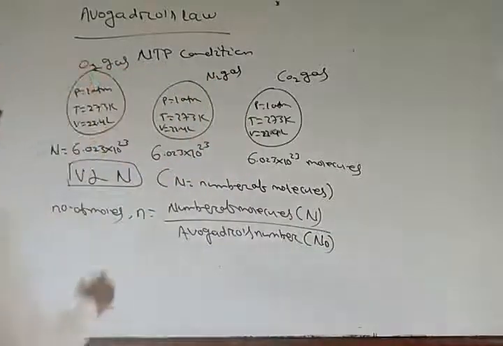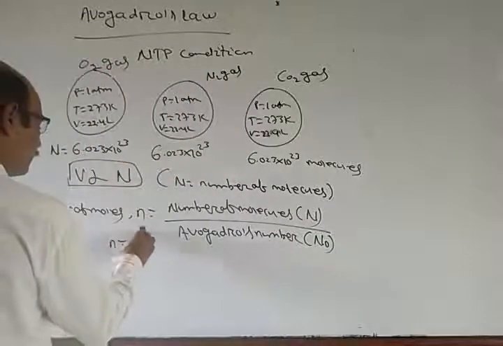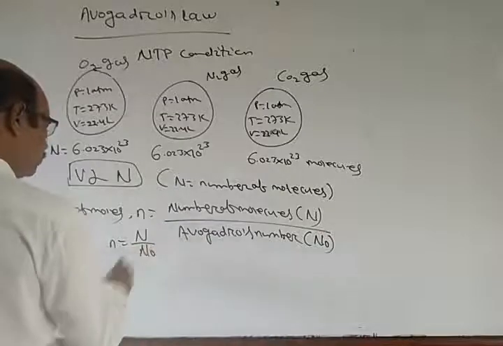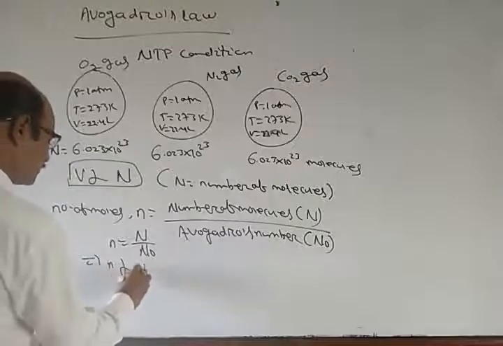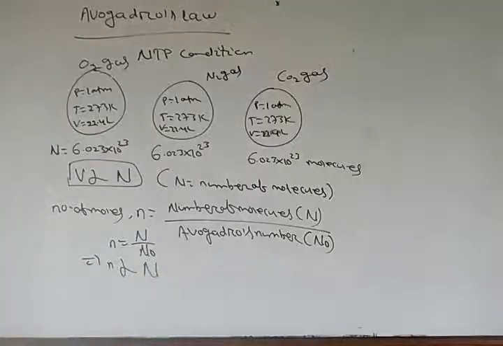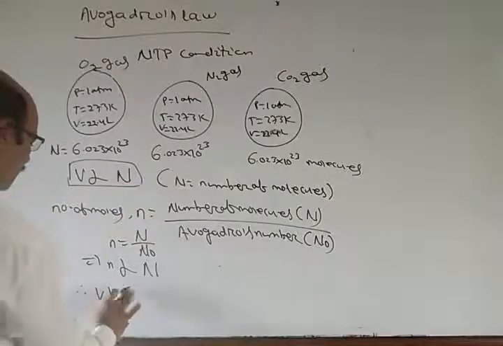So n equals N by N0, because N0 is a constant. This implies n is proportional to N. Because V is proportional to N, and N is proportional to n, therefore V is proportional to n.